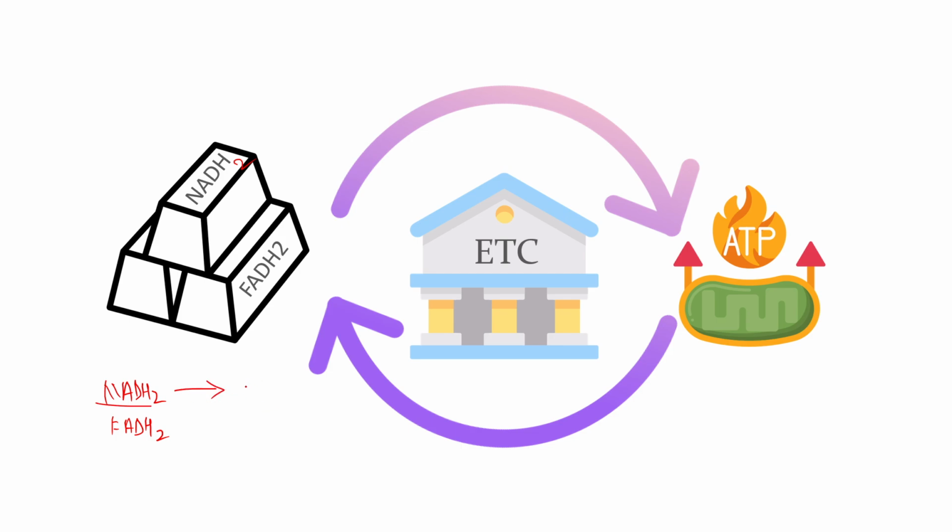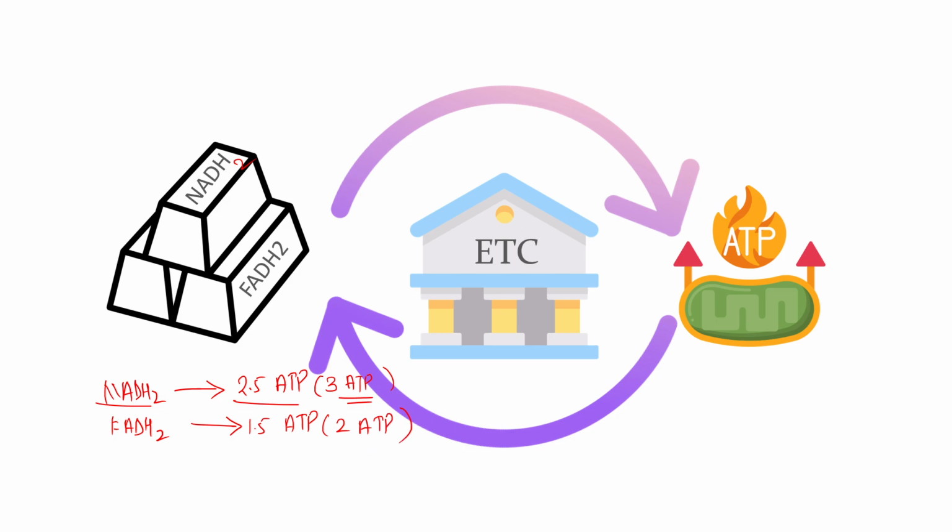NADH2 gives you 2.5 ATP molecules, and FADH2 gives you 1.5 ATP molecules. But the approximate values written in most books are 3 ATP molecules from NADH2 and 2 ATP molecules from FADH2, right?